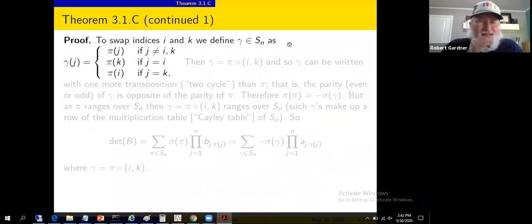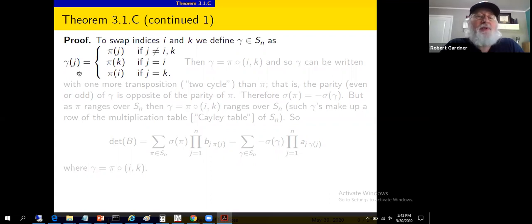To swap these indices, let's introduce a new function gamma. Define gamma, the permutation in S sub n, as follows. We're going to let gamma do the same thing that pi does, except when we input I or K. When I input j equals I, I want to get out pi of K. When I input j equals K, I want to get out pi of I. So gamma does the same thing pi does, except we've, in some sense, interchanged the way in which I and K behave.